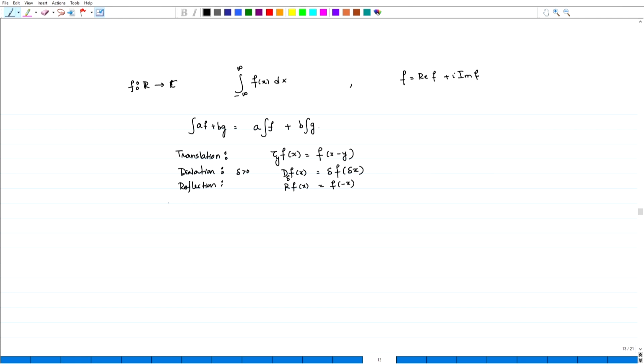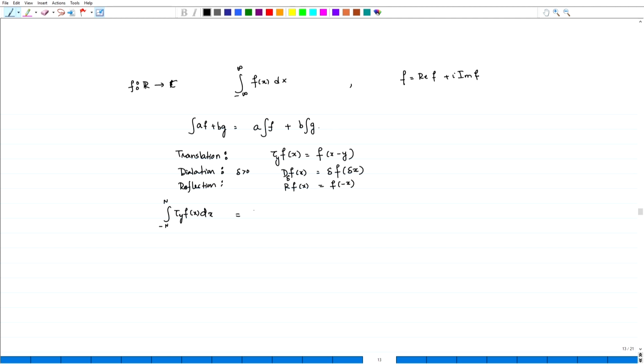Now, if we look at the integral from −n to n of τ_y f(x) dx, by the change of variable, so where does it converge?